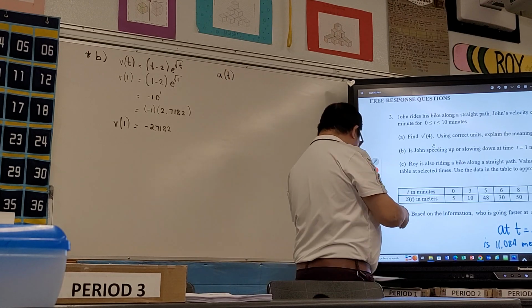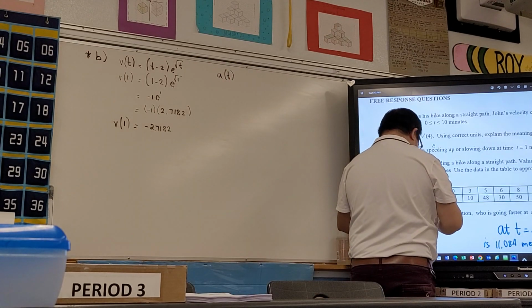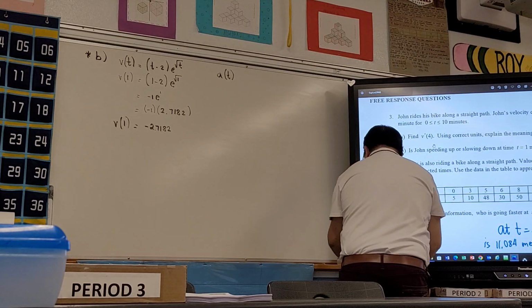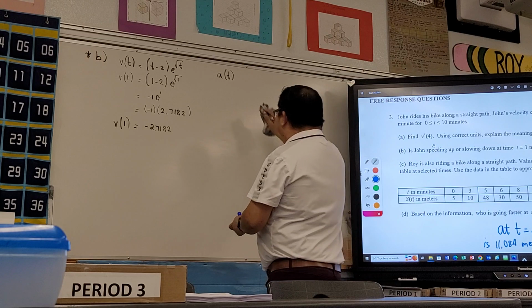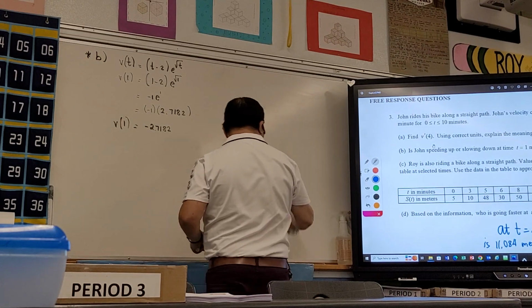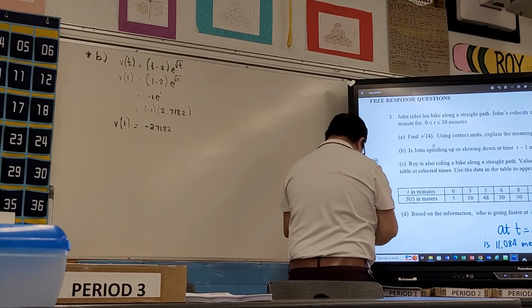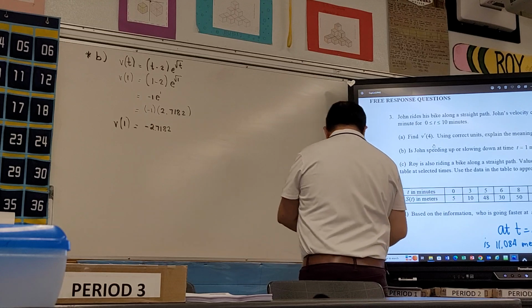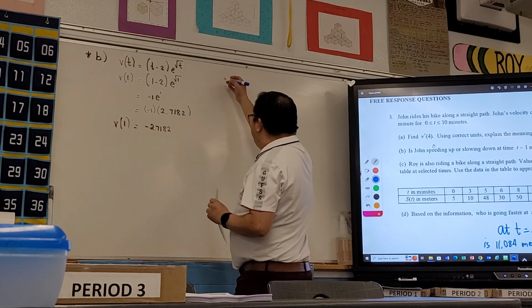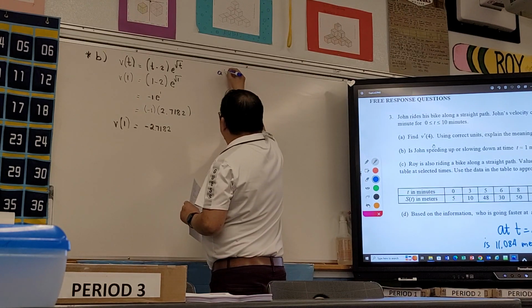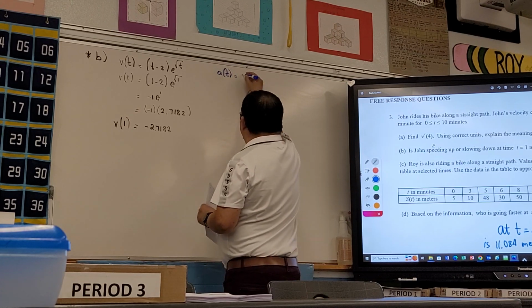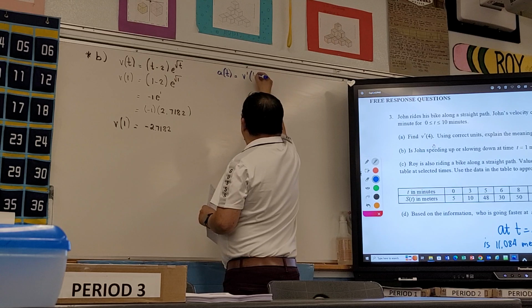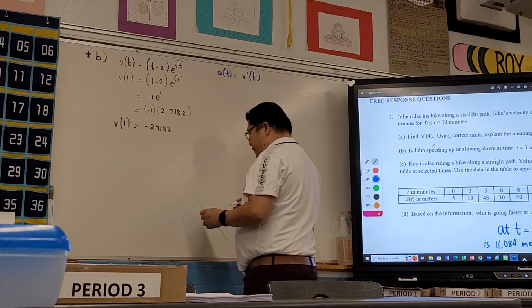Can I just use blue color because the black color is not good enough this time. So for acceleration, I'll use blue marker. So A(t) is equal to v prime of t.